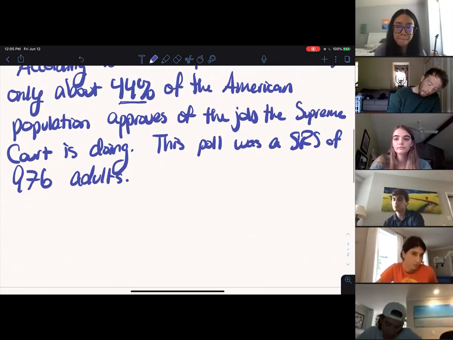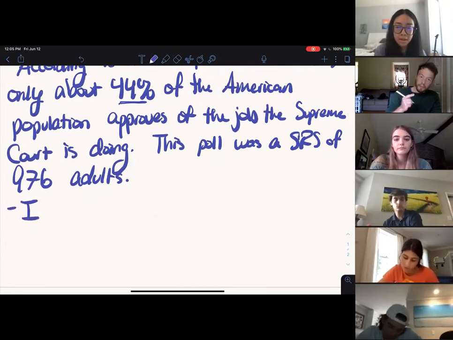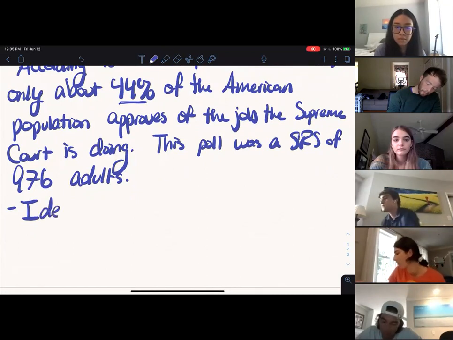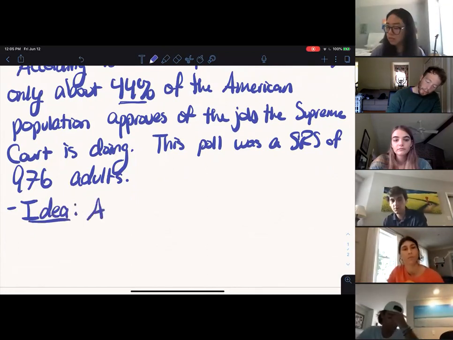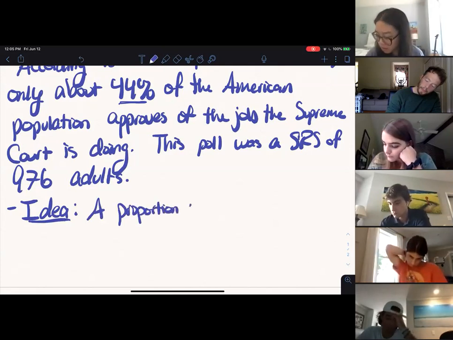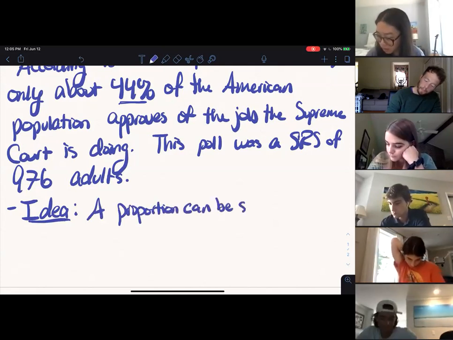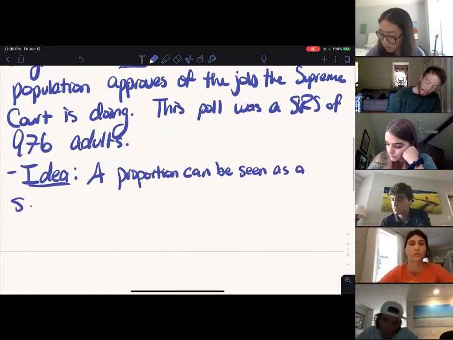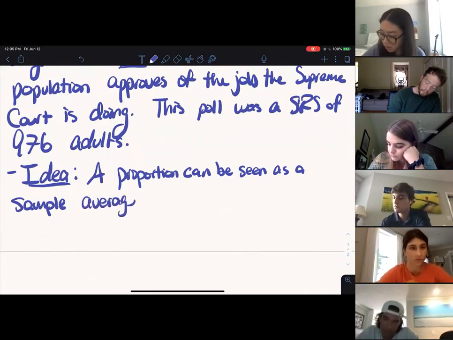And I want to make an argument about this value, this sample proportion. And it's that a proportion can be seen as a sample average x bar.